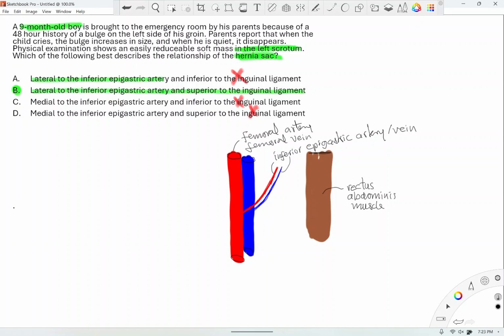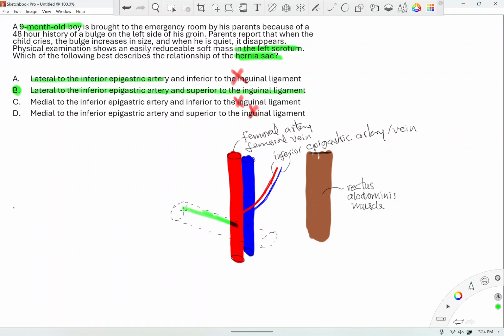Okay. So there is the inguinal canal. Let's do a dotted line. So there's a ring here, and then there is a ring right here. This is the inguinal canal, and I can highlight it with green.